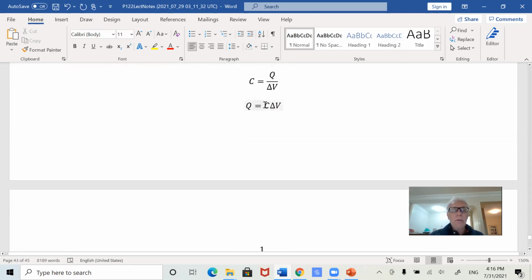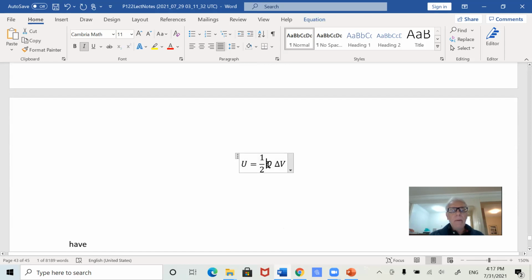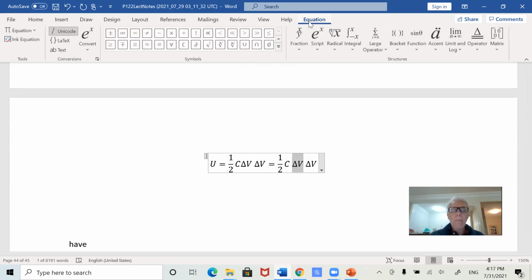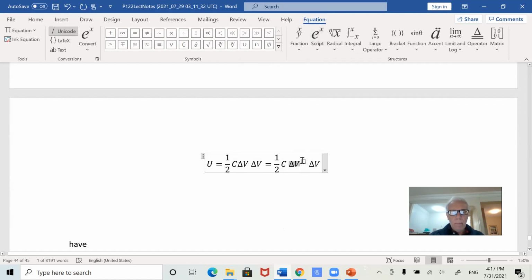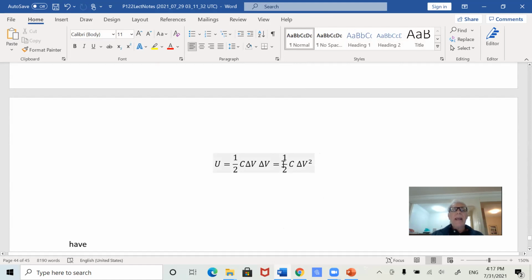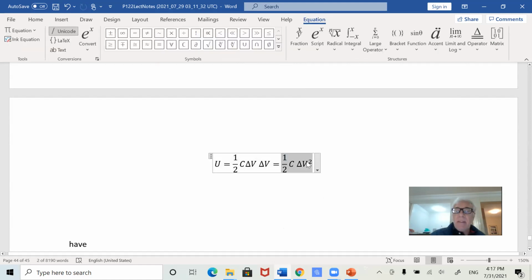I'm going to substitute this equation right in here. And then what we get is half of C delta V squared. Looks just like the kinetic energy, or even better, this equation looks like the potential energy of a spring, half kx squared.